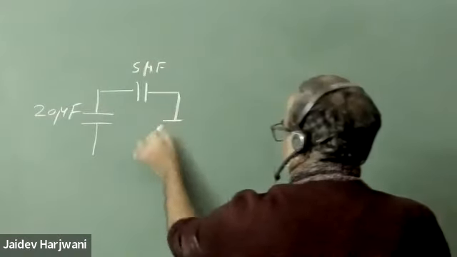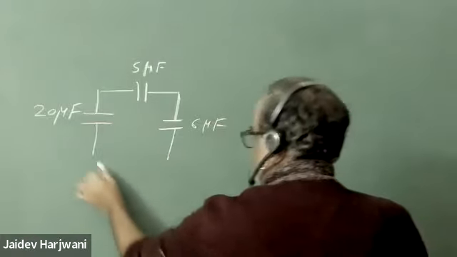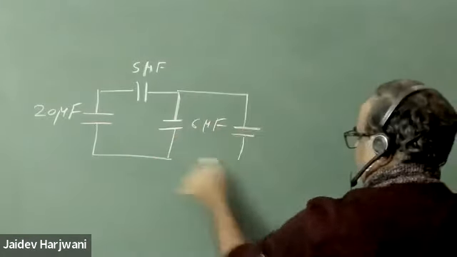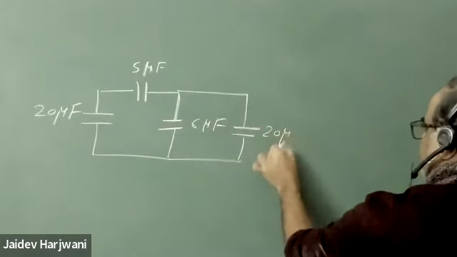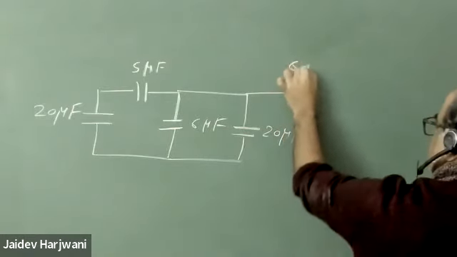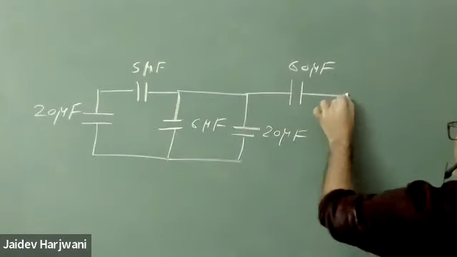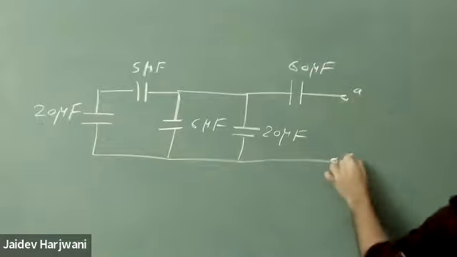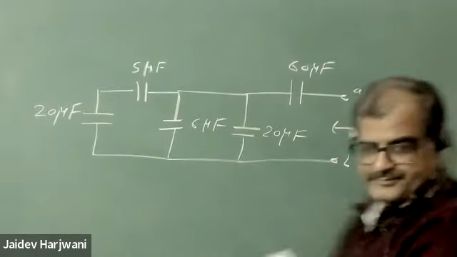Then you have a 6 microfarad capacitor, and parallel to this you can add a 20 microfarad capacitor, and then you have a 60 microfarad capacitor. Okay, and these are your terminals A and B. So you need to calculate C equivalent.